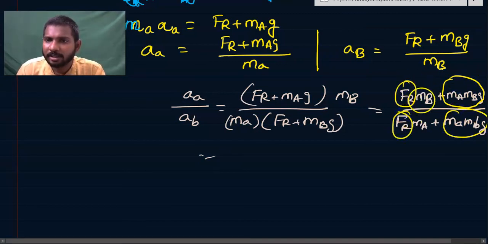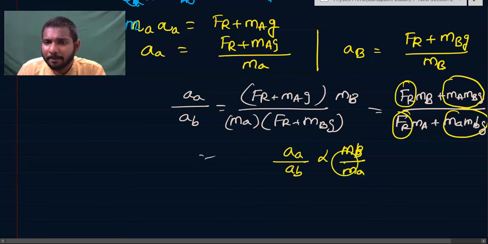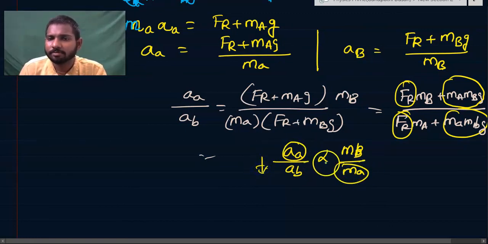Fr is same, then which value will be higher? Given mass of A is higher than B, aA by aB is proportional to mB by mA. mA is higher, so this fraction is less than 1.